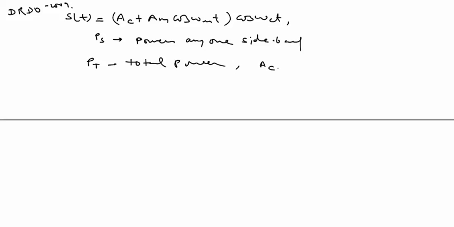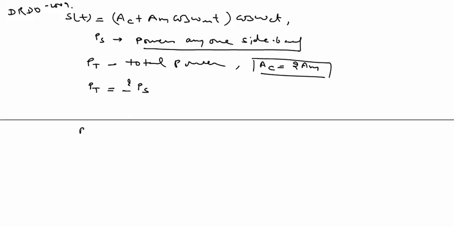In this waveform, a relation is given to us: A_c equals twice A_m. Calculate the relation PT equals blank times Ps. The value of this blank we can calculate, because for the power of any sideband we have a formula, Pc mu square by 4.